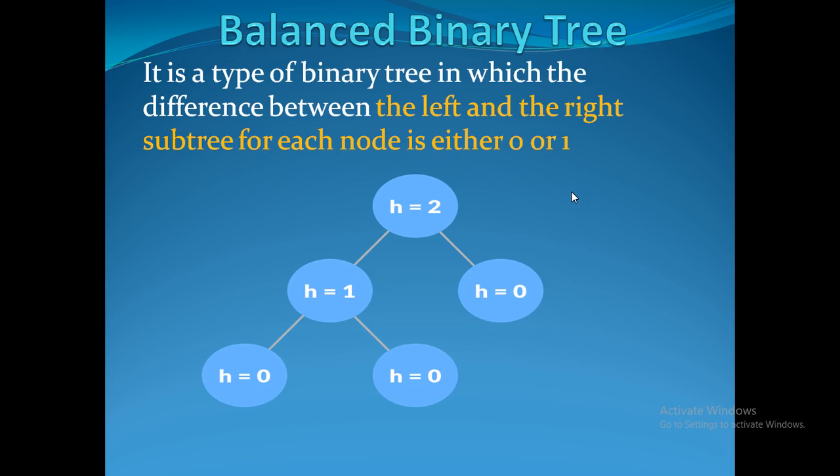So how to balance the height? If a binary tree is a balanced tree, then the height of the left subtree minus the height of the right subtree should be either 0 or 1.